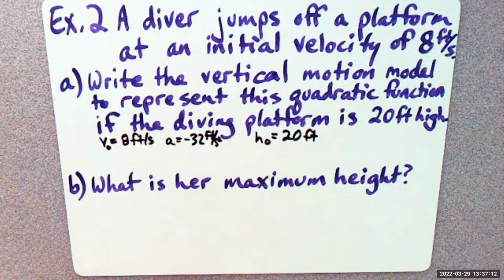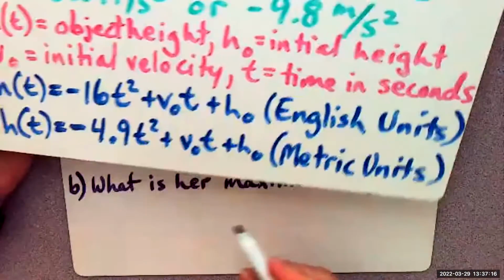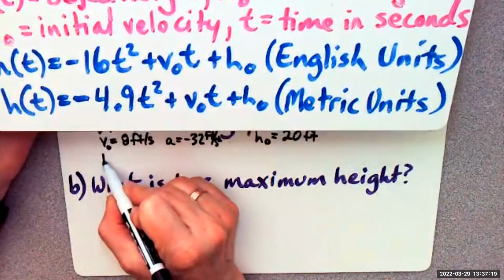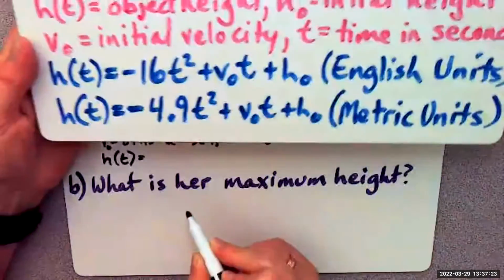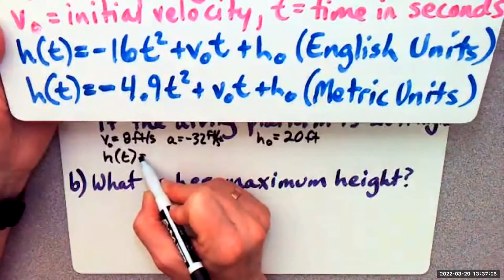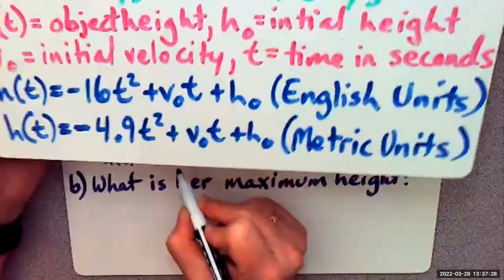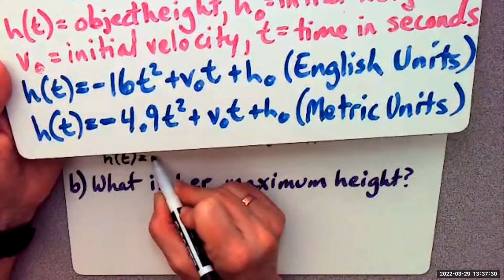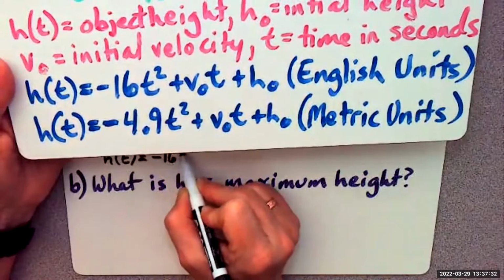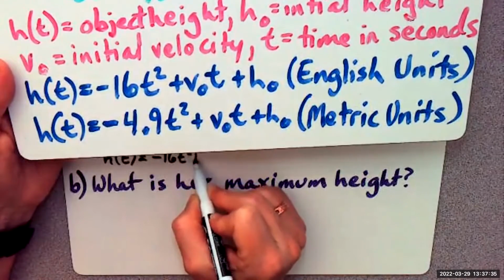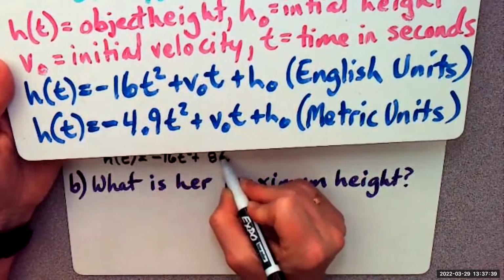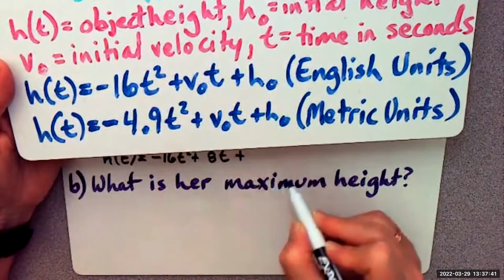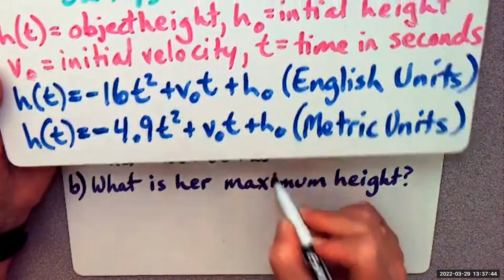Okay, so let's write the vertical motion equation. We have h of t equals negative 16, which is half the negative 32, so negative 16t squared plus our v naught, which is 8 feet per second, times t, and then we have h naught at 20 feet.